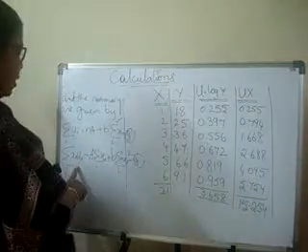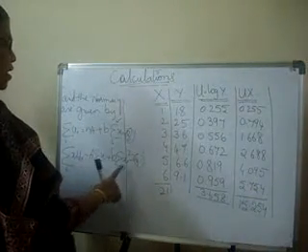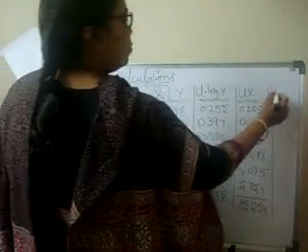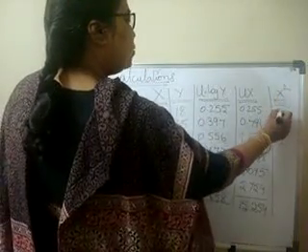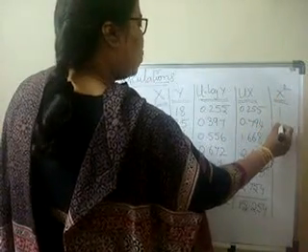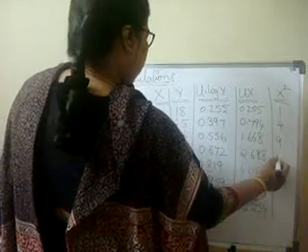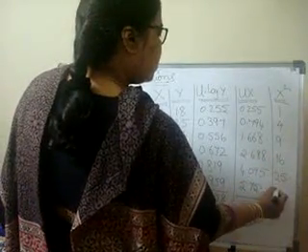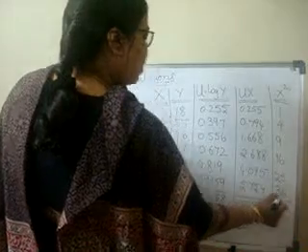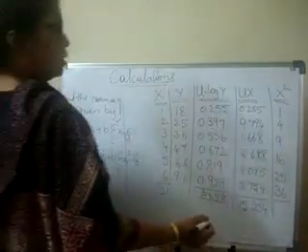We got this value. We have summation xi. Now we require x square. What is x square? X is 1, 1 square is 1. 2 square is 4. 3 square is 9. This is 16. This is 25. And this is 36. And the total is 91.